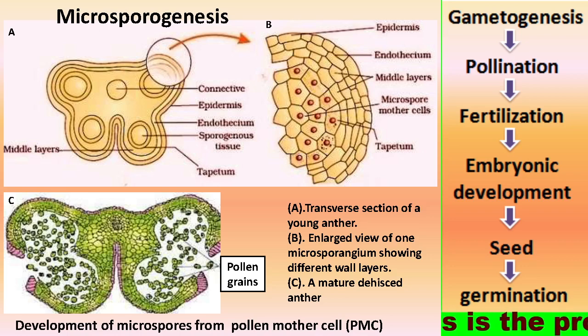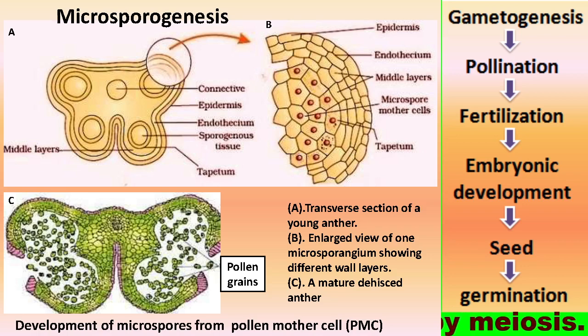Tapetum is the histological structure which is present inside the anther. You know, anther is what? Anther is the part of the male reproductive organ where gametogenesis occurs, that is microsporogenesis occurs.